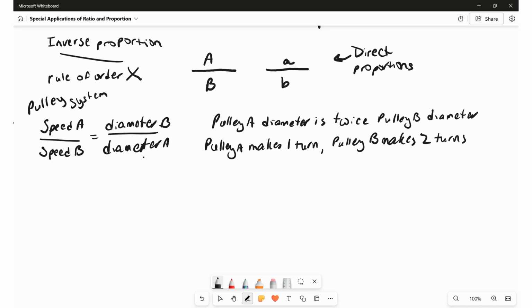So suppose that pulley B is 16 inches in diameter. Okay. And its speed is 240 RPM.